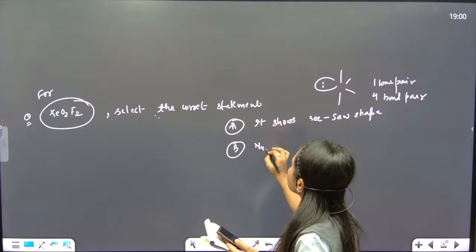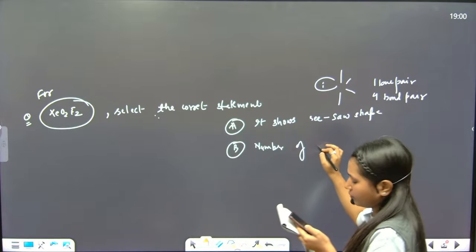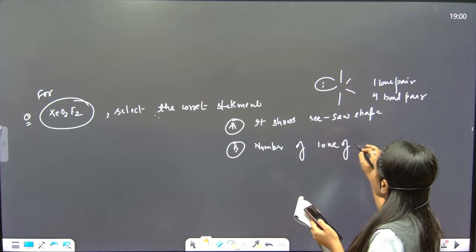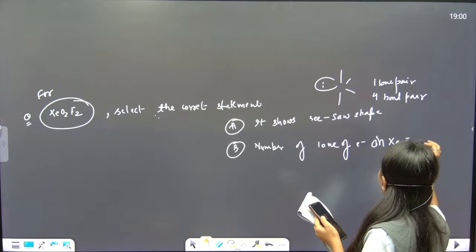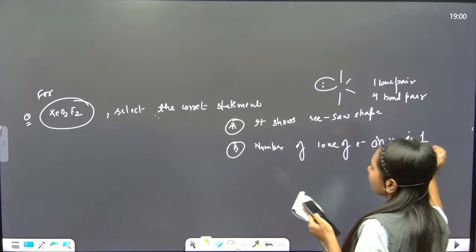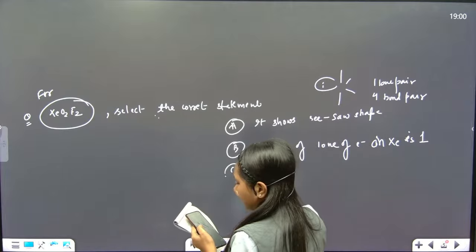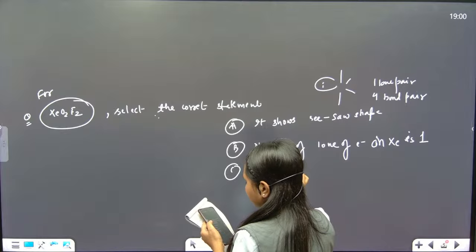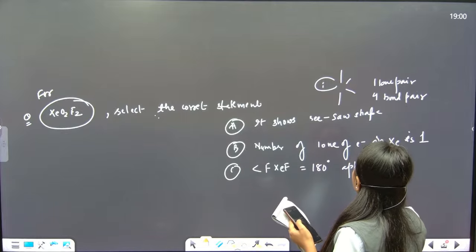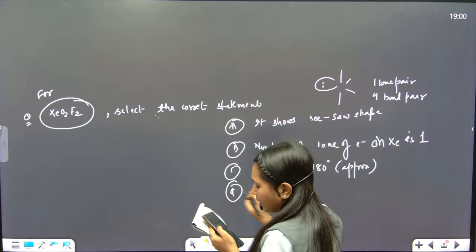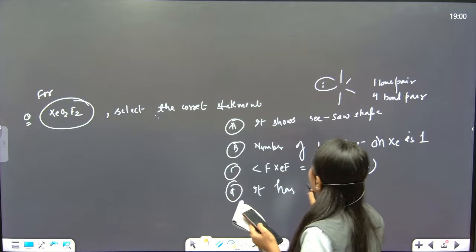And next is the number of lone pairs of electrons on xenon. They have mentioned on xenon, not the total number of lone pairs. Then the angle is 180 degrees approx. They have mentioned approx, not exactly, and it has tetrahedral shape.